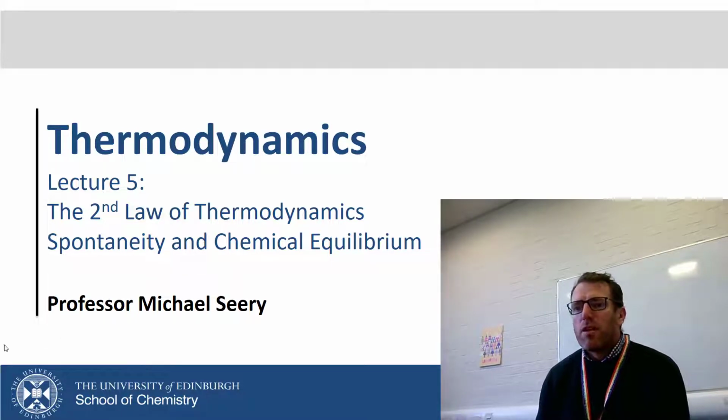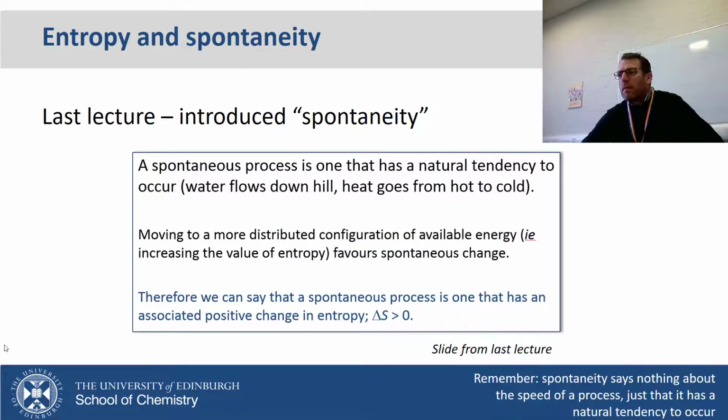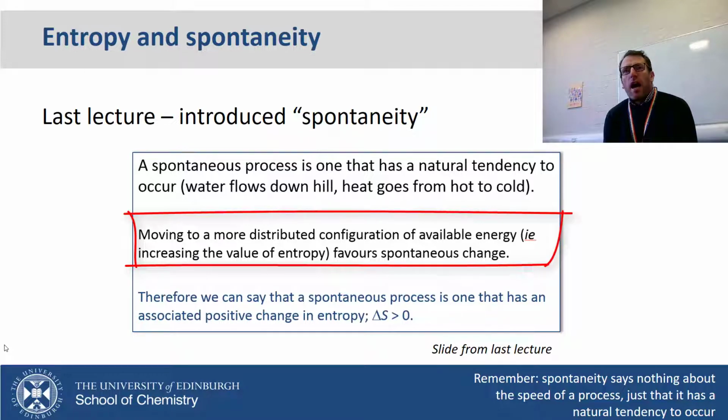Alright, so the last time we had talked about spontaneity, and this is a slide from the last lecture where we talked about a spontaneous process being one that has a natural tendency to occur. And entropy is quite a misunderstood concept, I would say, and really what I would like to get across is this idea of entropy being considerations of how energy is distributed.